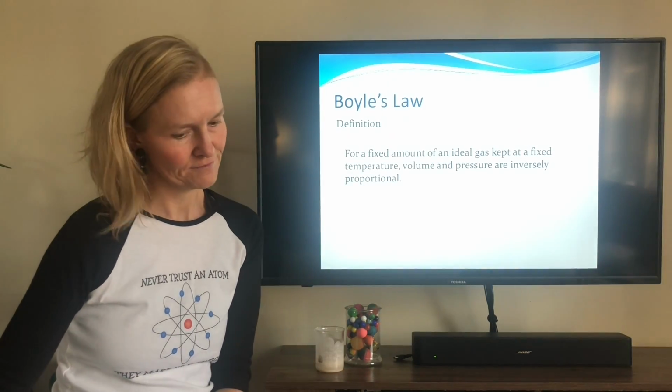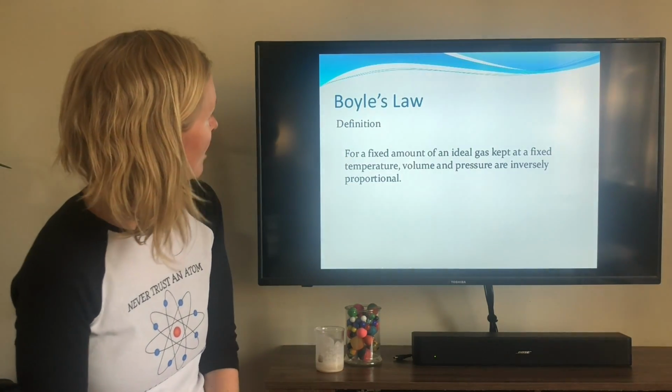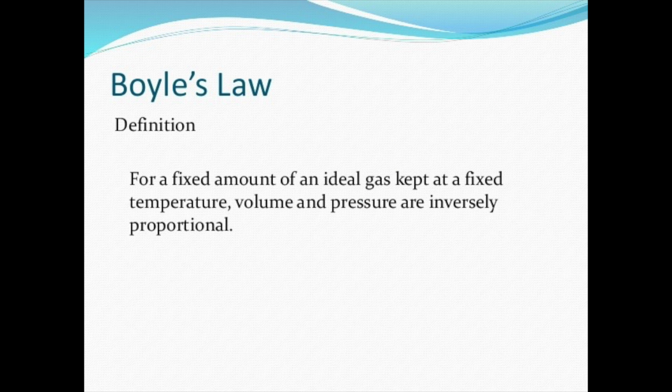In 1662, this physicist, Robert Boyle, discovered what was called Boyle's law. Boyle's law states that for a fixed amount of an ideal gas kept at a fixed temperature, the volume and pressure are inversely proportional.